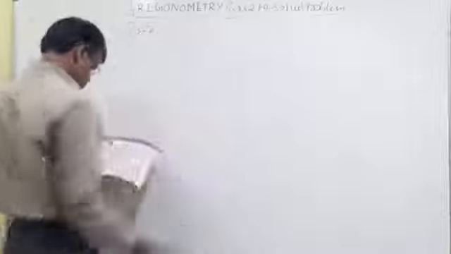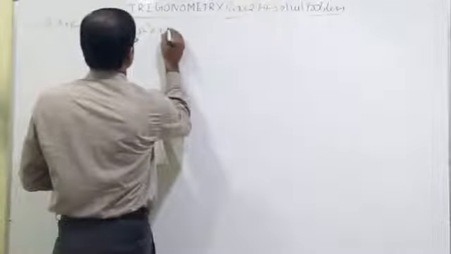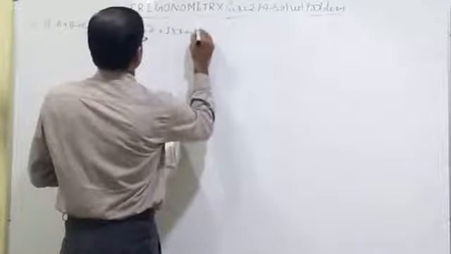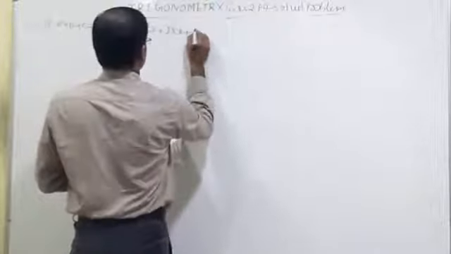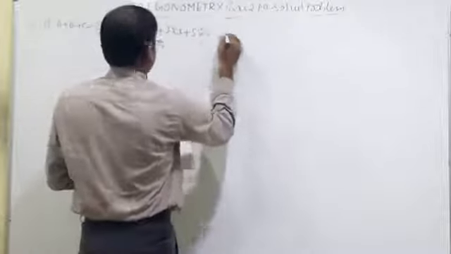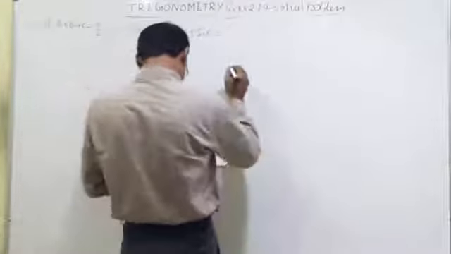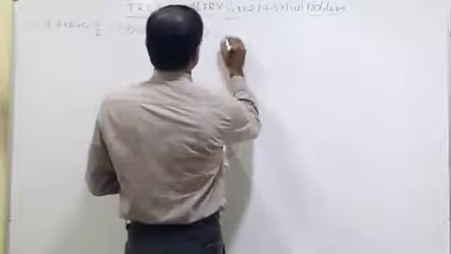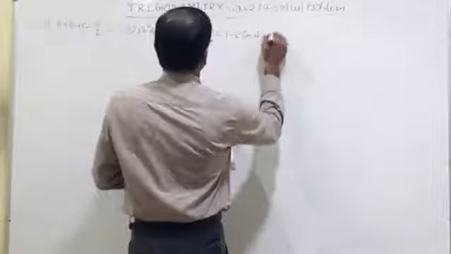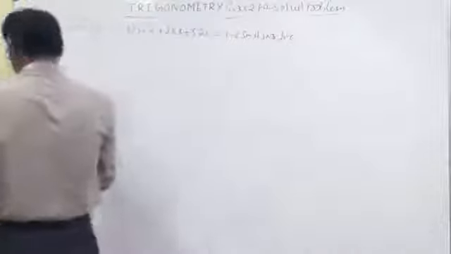First one, sin square A plus sin square B plus sin square C is equal to 1 minus 2 sin A sin B sin C.